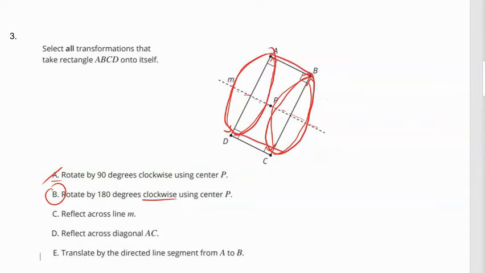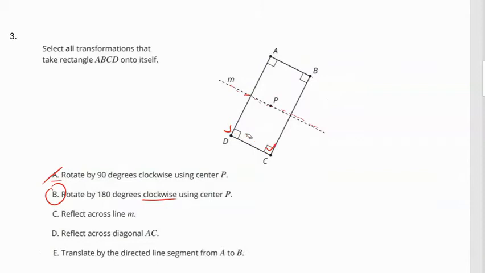Right? So a cylinder is really just a rectangle just spinning around super fast, yeah? Nice. Three-dimensional figure being created right there. That's pretty nifty. So yes, a reflection would work across line M.